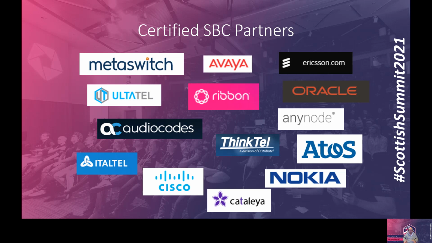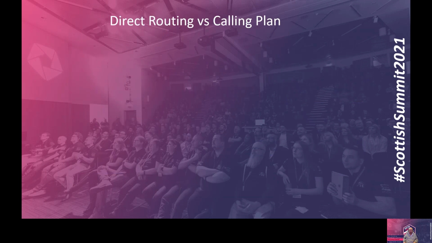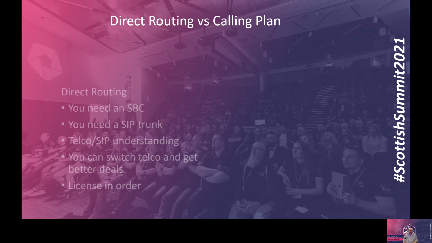So when you have figured out this session border stuff, well, now it's time to check what's hot and what's not regarding Direct Routing and Calling Plan. So let's start with Direct Routing.